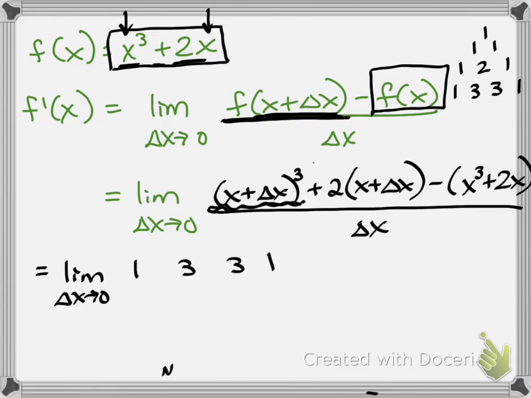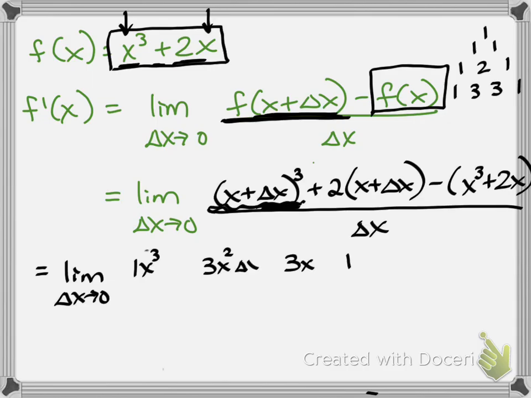We take the first term and it starts at the highest power. I need more room. Take the first term and it starts as a cube and goes down. X to the first, x to the 0, which we won't write. And then you take your second term and it starts at x to the 0, which I won't write.